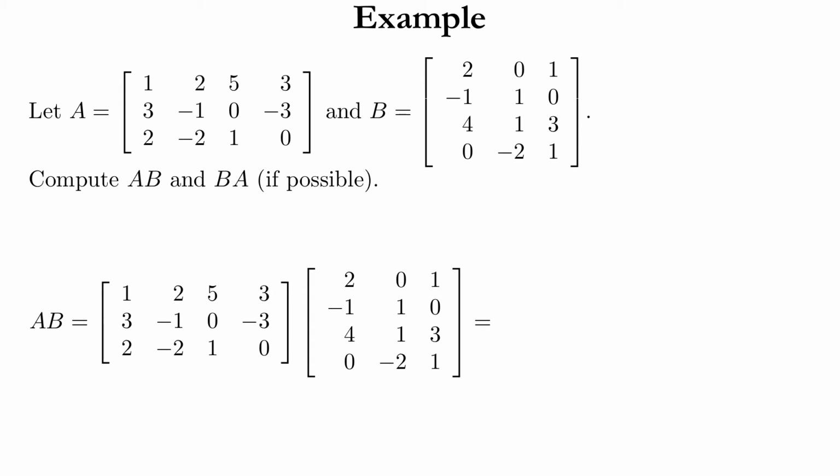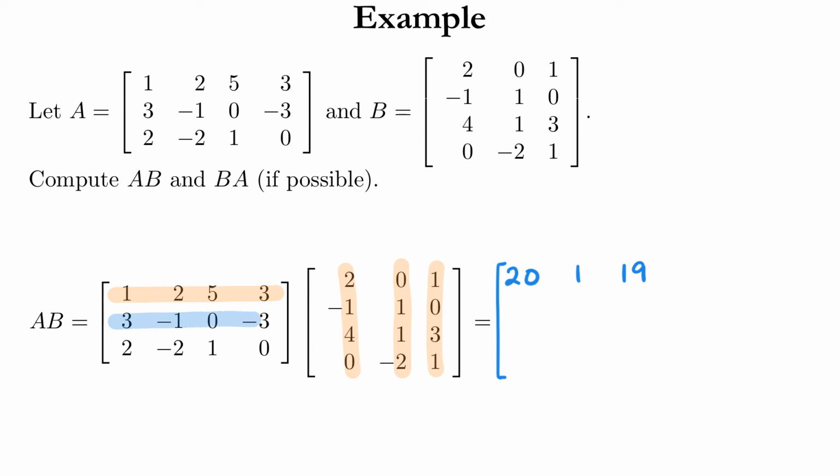To perform the matrix product A times B, we consider the first row of A and take its dot product with the first column of B. This gives the first entry in the matrix AB, which is 20. The second entry is gotten by taking the dot product of the first row with the second column of B, and it gives 1. The third entry by the dot product with the third column, and it gives 19.